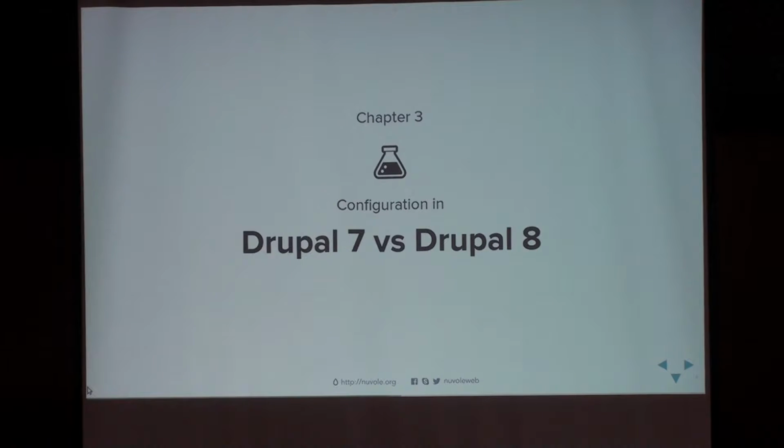And CMI is designed for this specific use case of moving configuration between environments. And that's what most people do with Features now. And Features will still have a good use case in Drupal 8, but that's not it. So I compare the different ways of how Drupal 7 and Drupal 8 deal with configuration.